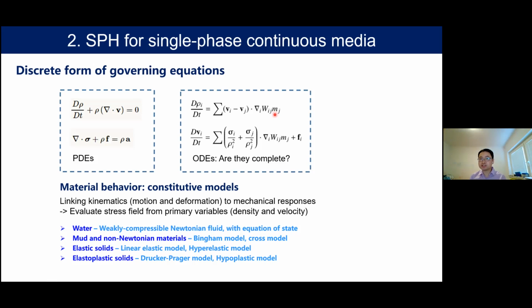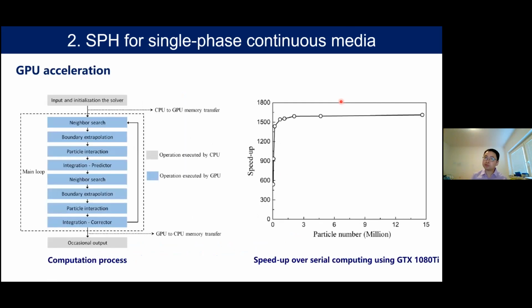So it can be executed by one computational core independently, and there is no interaction or interdependency between different threads. So this kind of structure makes SPH very easy to parallelize, and its efficiency can be much increased using parallel computing. So that's why we choose GPU for massive high performance computing.